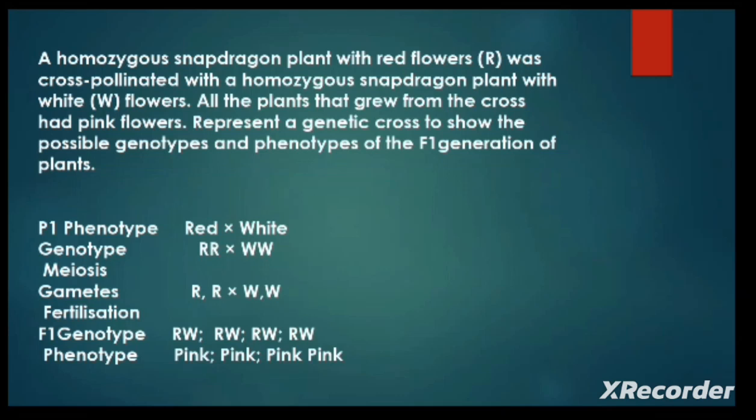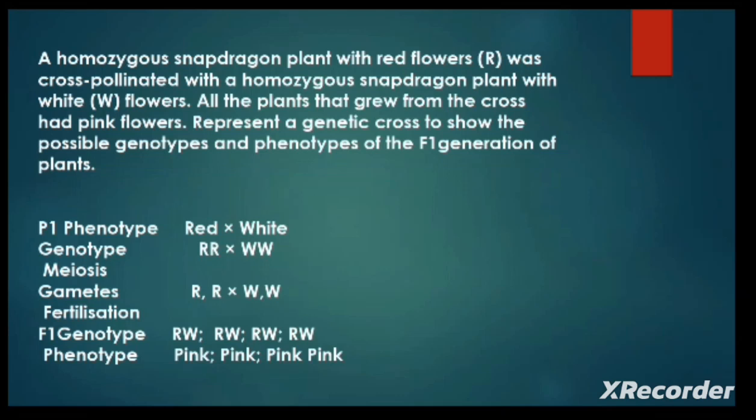It was pollinated with a homozygous snapdragon plant with white flowers. Homozygous, the same again, but is it recessive or dominant? The white flowers, they are also dominant. And then all the plants that grew from the cross had pink flowers. So their offspring, they had what? Pink flowers.